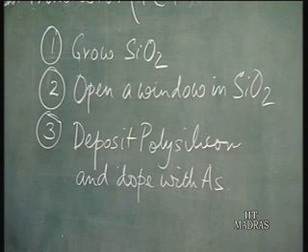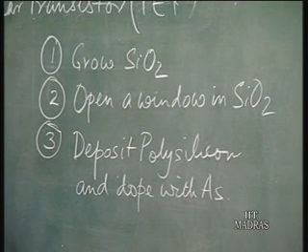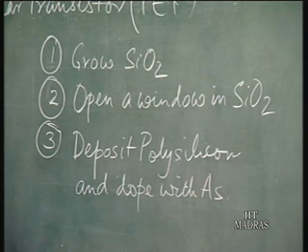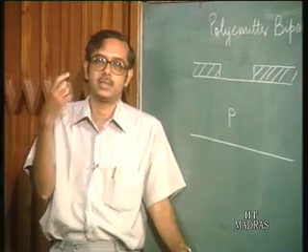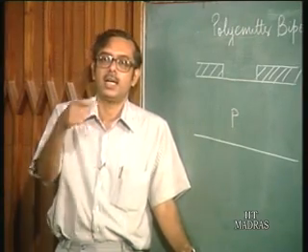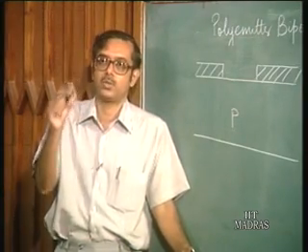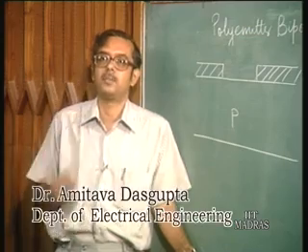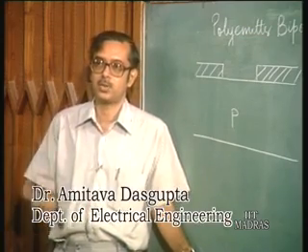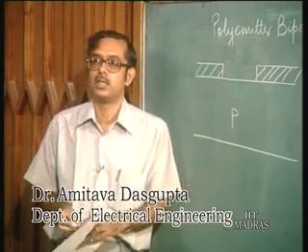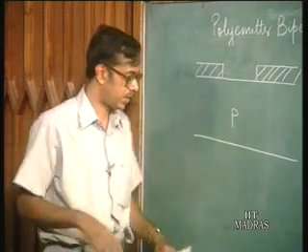It has the property that it has a very small diffusion coefficient, that is, it does not penetrate much into silicon. So, if you want to form shallow junctions, you have to use arsenic. With phosphorus you cannot form shallow junctions because it diffuses very fast into silicon and the control is not good enough to form shallow junctions. So, arsenic is usually used when you want to make shallow junctions.